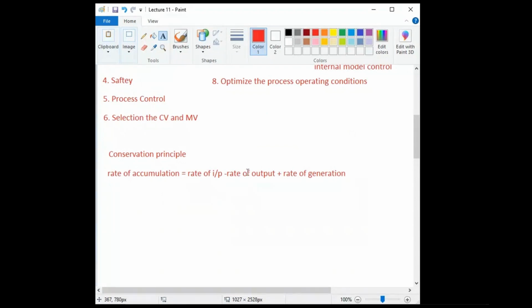So if we have only mass accumulation, no product is being generated, then this rate of generation will be 0. We will have only rate of accumulation equal to rate of input minus rate of output.